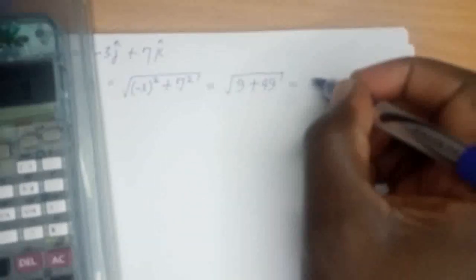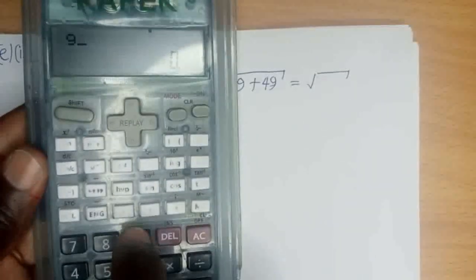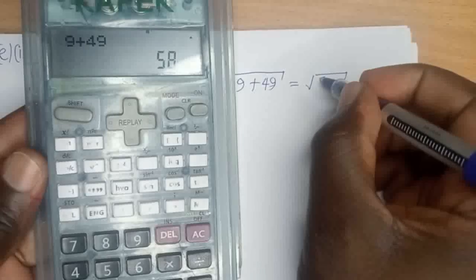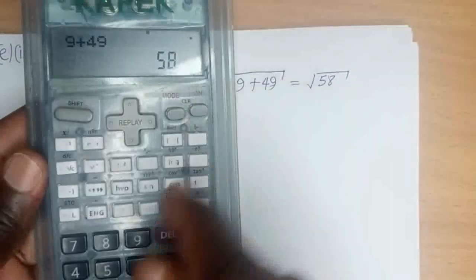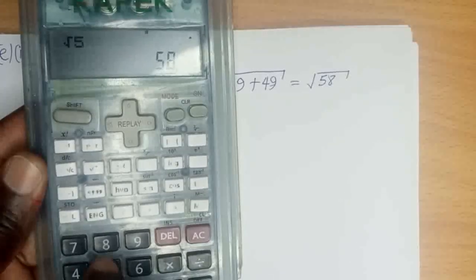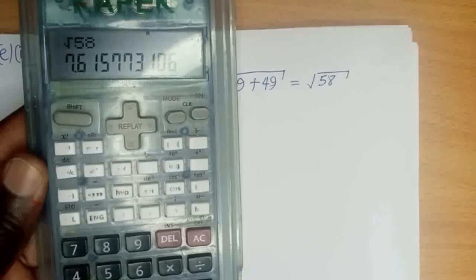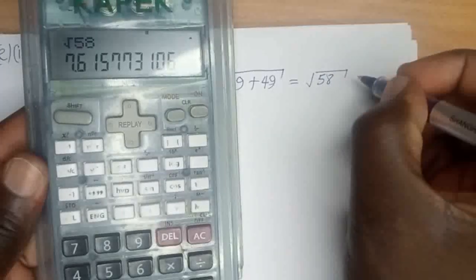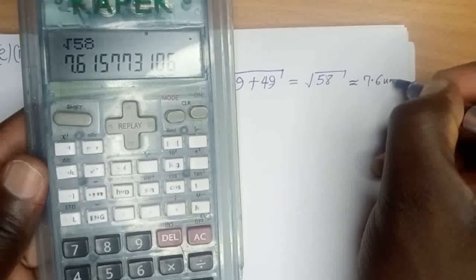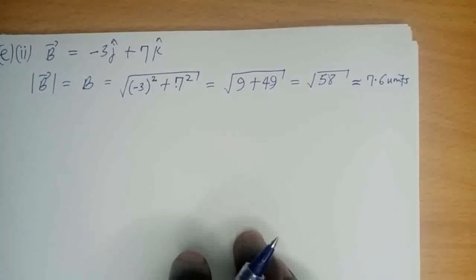Now I add 9 plus 49, and this gives me 58. The next thing is the square root of 58, which is 7.6, correct to one decimal place. This is approximately 7.6 unit. This is the magnitude of B.